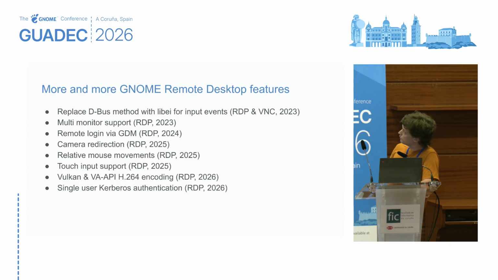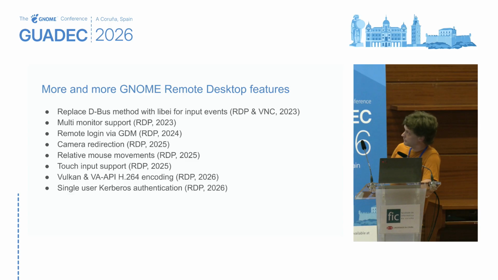Pascal went and added the multi-monitor support back in 2023, and Juan Torres also showed up and went and implemented remote login via GDM. There is a talk for that from an openSUSE conference some years back that I would recommend everybody to see to get some details about how that works.